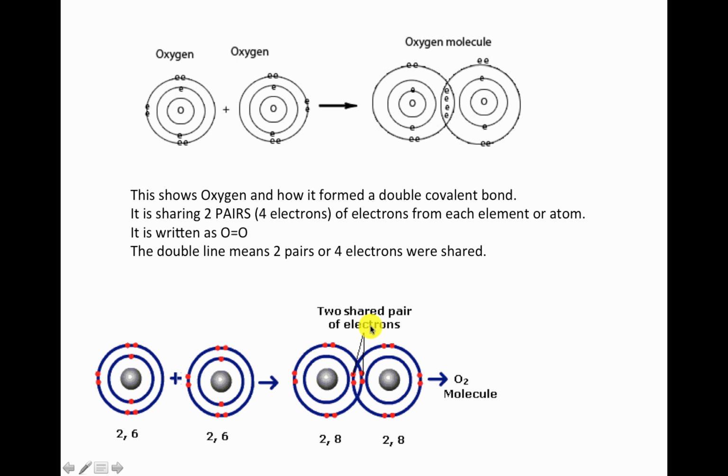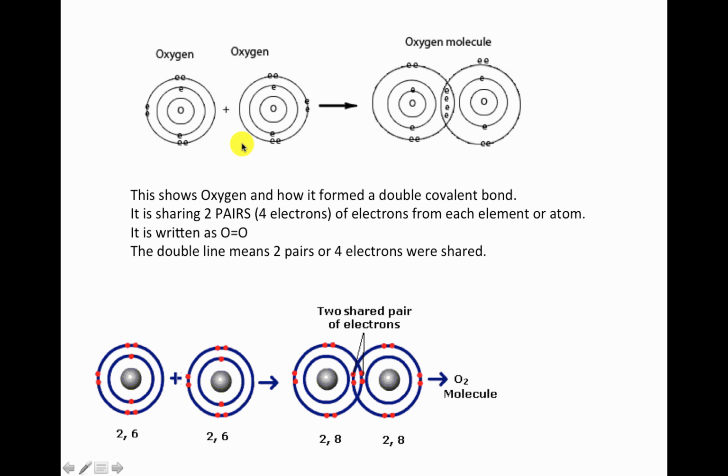Okay, now I'm going to show you a double covalent bond with oxygen. That again is another molecule you were building in lab. Oxygen needs 2 electrons to have a complete outer shell. It has 6 in its outer shell and 2 in the inner shell, which is all the inner shell can ever have.